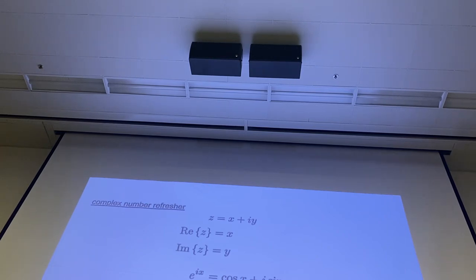So the real part of this function is cosine of x, and the imaginary part of this complex function, e to the power ix, equals sine x. So the real part and imaginary part of this function, I can recognize.